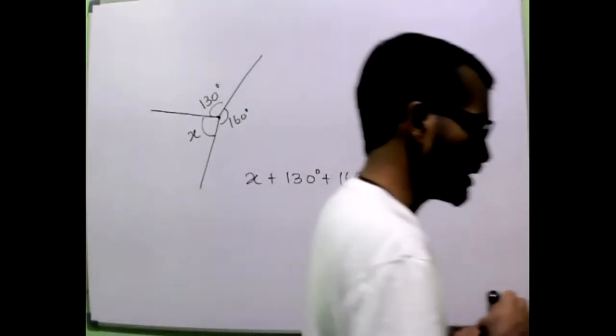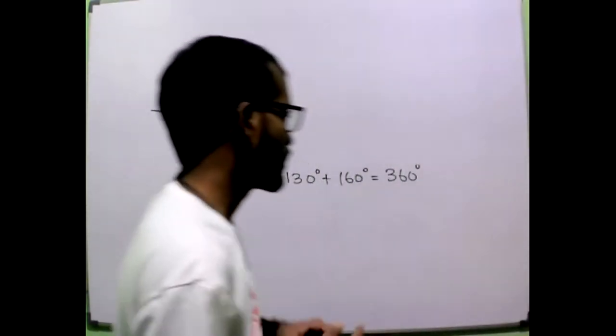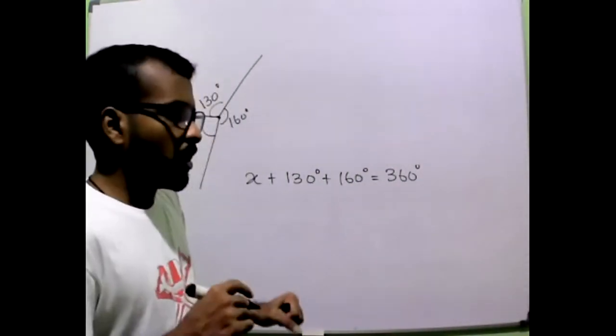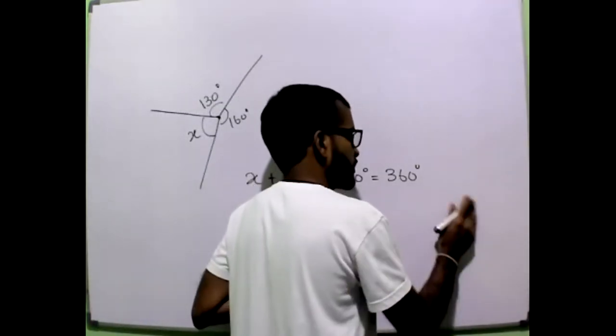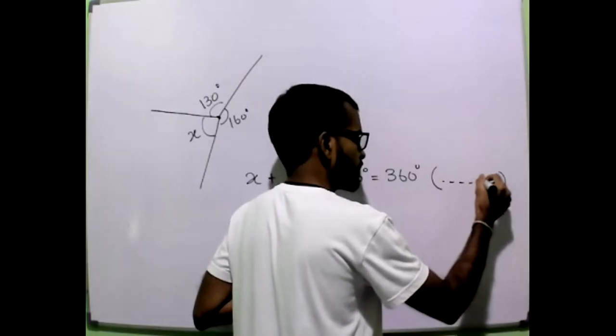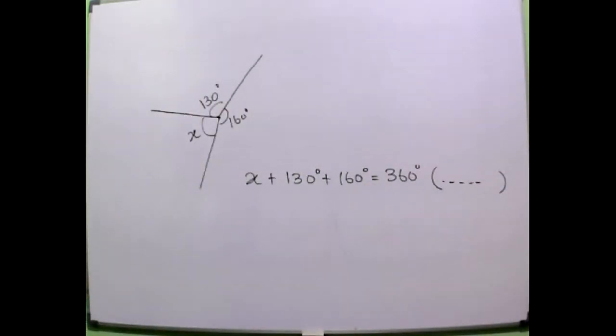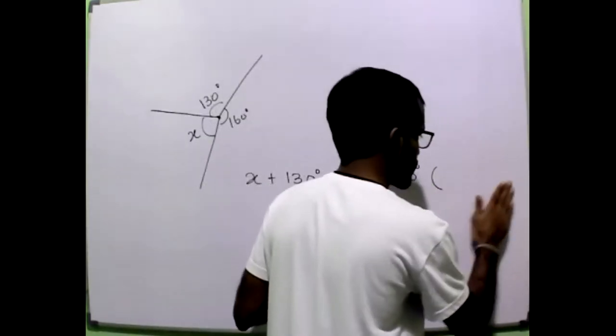If you want, you can write down the reason why this happens. The reason is that the sum of the angles located around a point on a plane is 360. It's actually not needed, but I will write it because this is the first one.